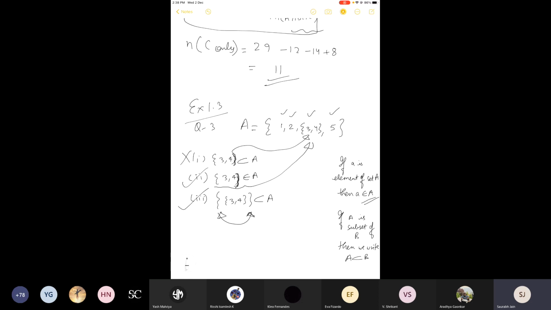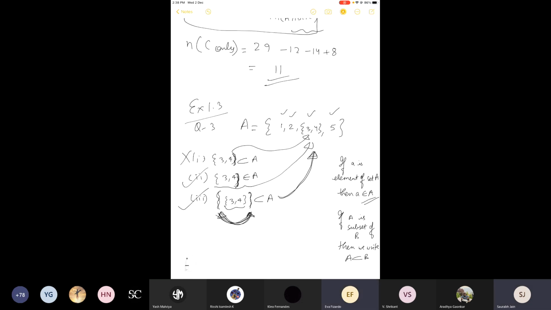It has one element. This is a subset of set A, right? We write those subsets which have only one element. So now this element is enclosed within braces, so it is acting as a set. So this is the difference between the first, second, and third. Is it clear? Have you understood?